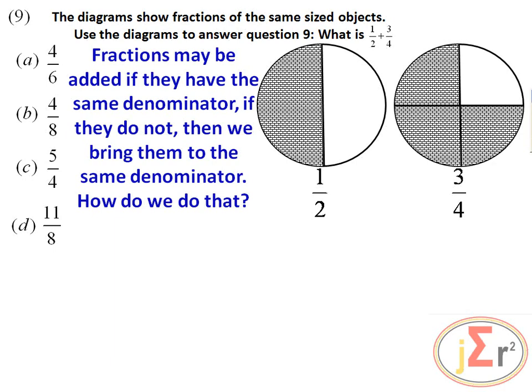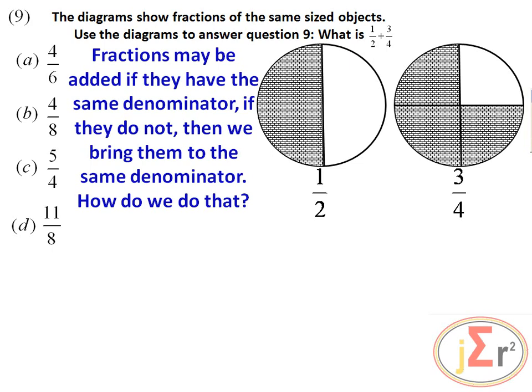How do we do that? So there are two fractions to be added, and they have different denominators. How do we bring them to the same denominator? If the denominators are the same, we just proceed and add the fractions.